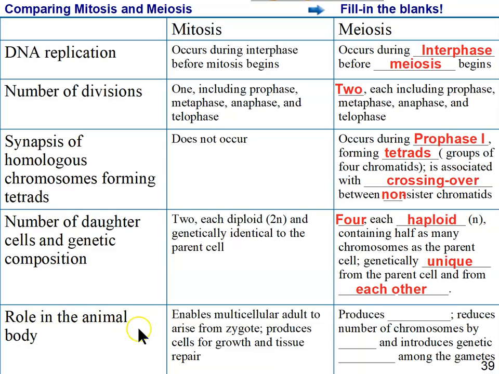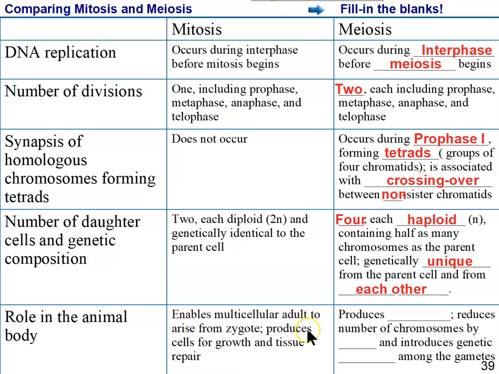The role in the animal body for mitosis: that enables a multicellular adult to arise from a zygote. So in other words, just like us, we start out as a zygote, the one cell that results from the sperm fertilizing the egg, and then that zygote starts to divide into an embryo, which develops into a fetus, which develops into eventually a baby, and then a multicellular adult. So that's all by the process of mitosis. So from the zygote all the way to what you are right now and what I am right now was all produced through mitosis.